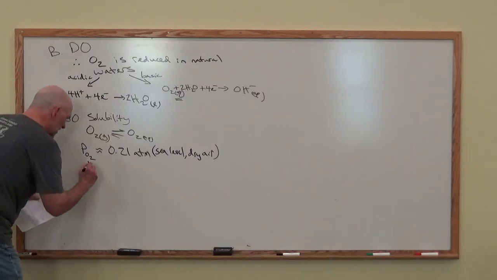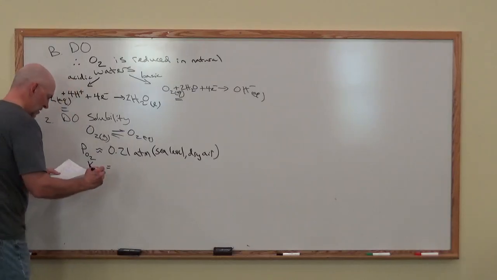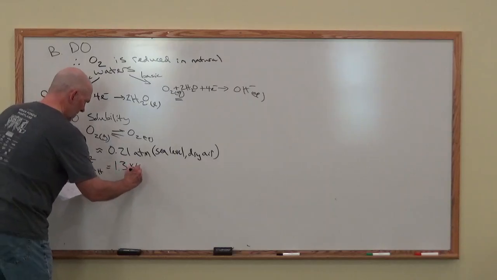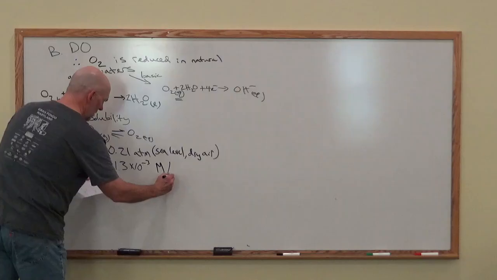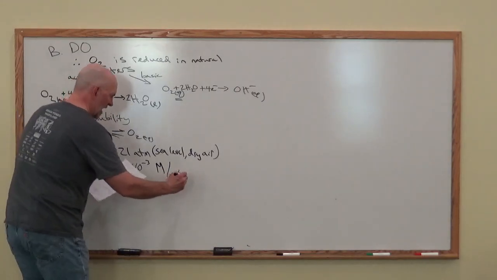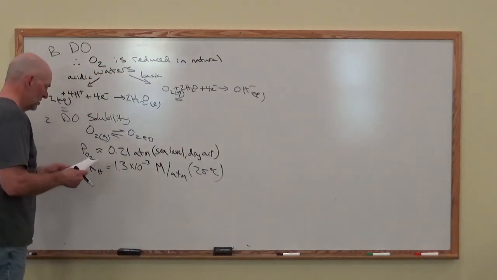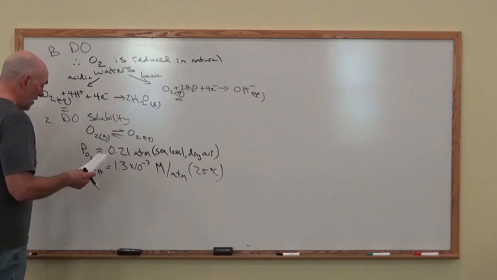And we would also need to know the Henry's law constant at a given temperature, and this is at 25 degrees C, a fairly normal temperature. Okay, so the rest of this math essentially becomes unit conversion.